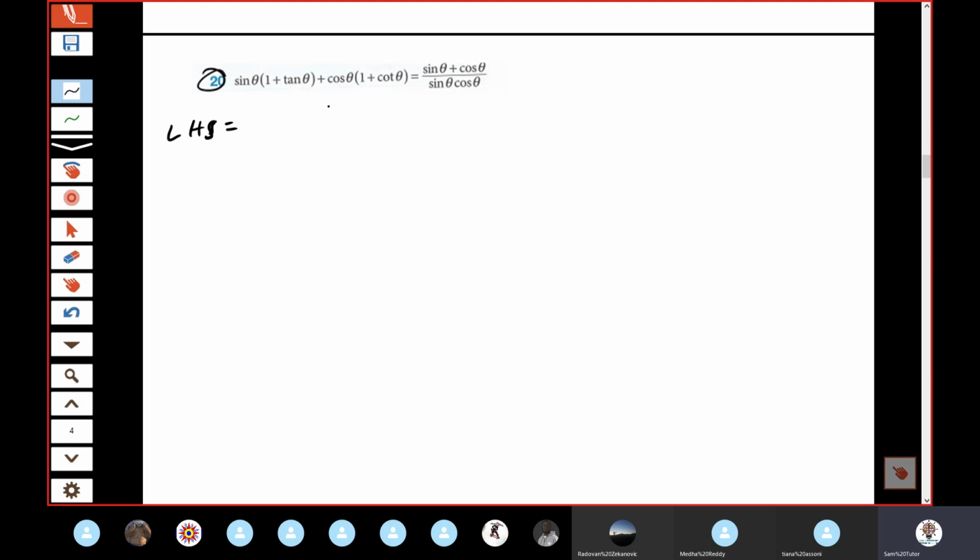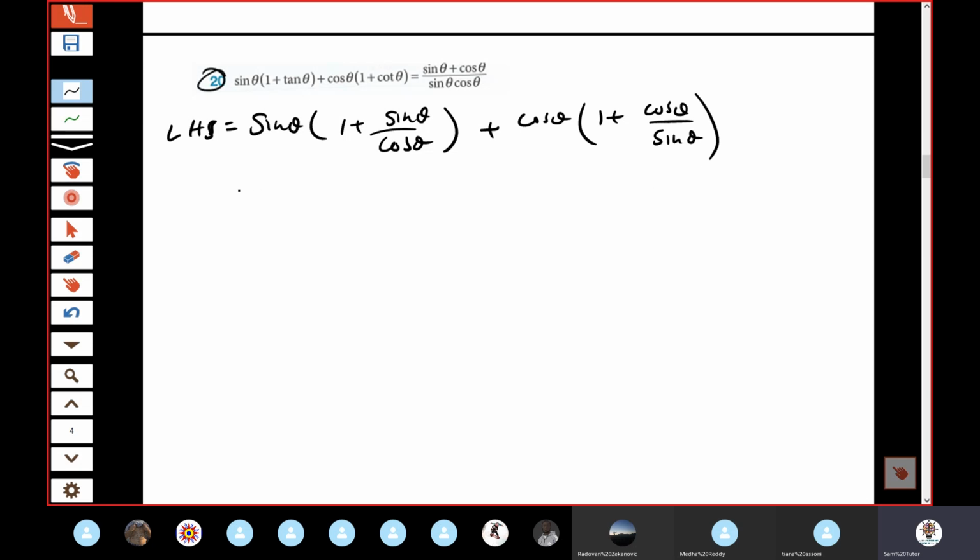Left hand side equals sine theta, 1 plus sine over cos, plus cos, 1 plus cos over sine, equals sine theta over cos theta plus sine theta on cos theta plus cos theta, common denominators.